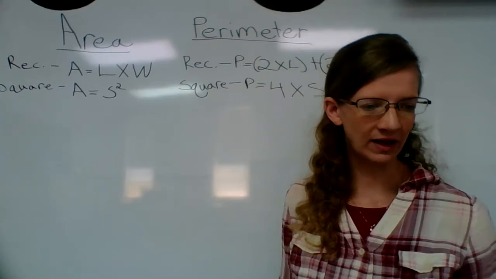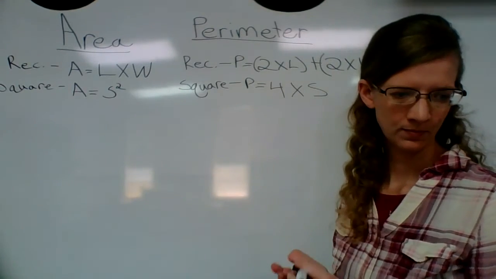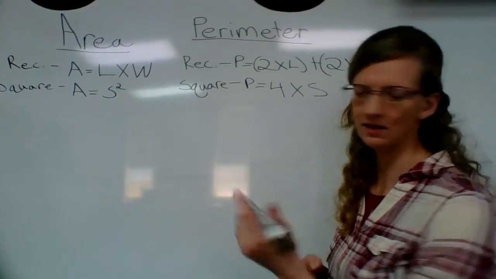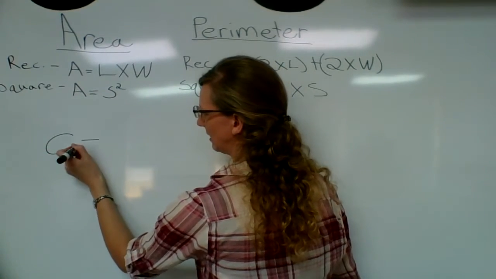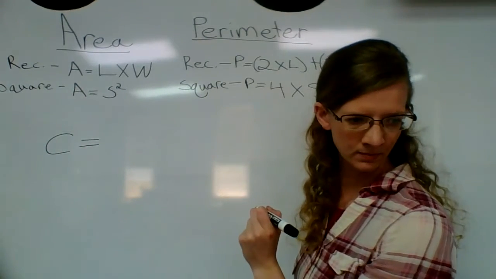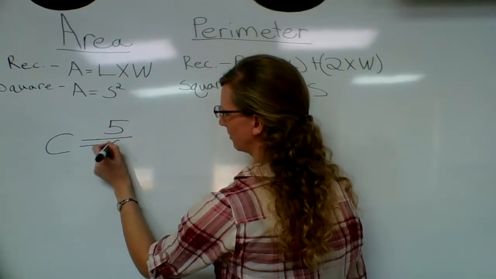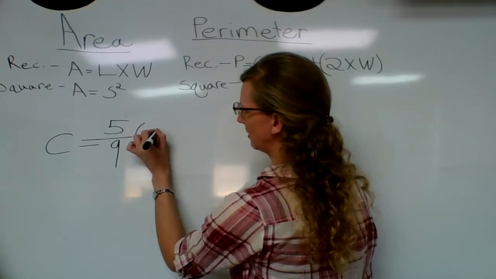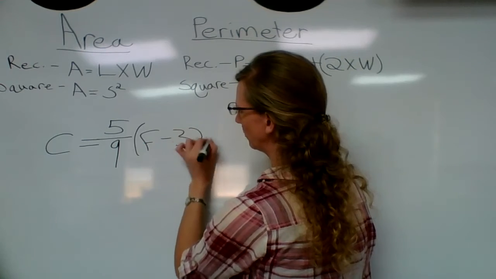2 is converting the temperatures. Okay, let me write your formula for that. If you're trying to find the Celsius, then your formula is C equals (5/9) times F minus 32.